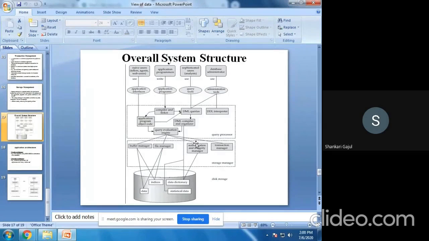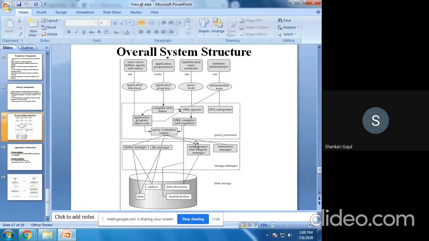Now the last concept is about the overall structure of the database management system. This is the overall structure of the DBMS. Some points from this figure we have already completed.